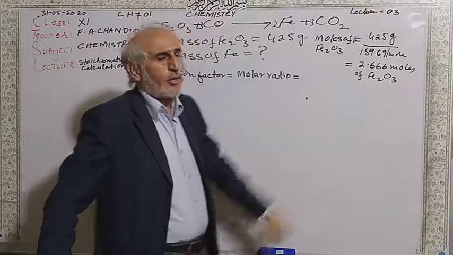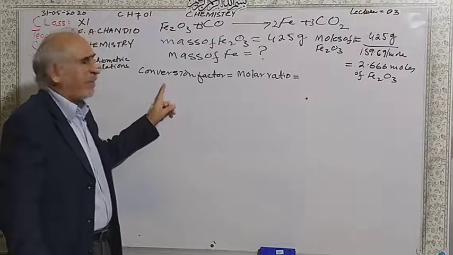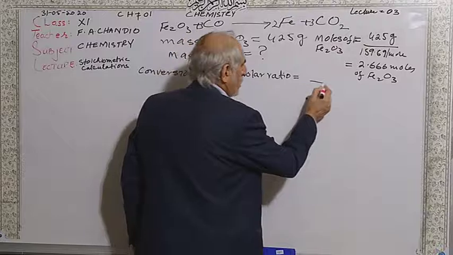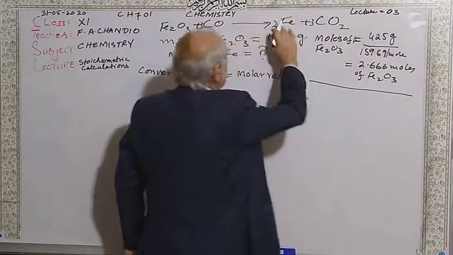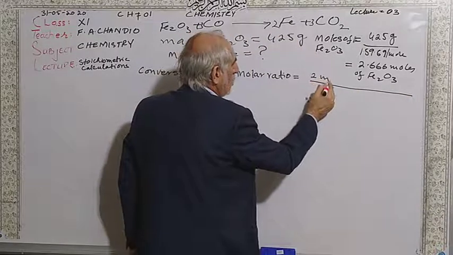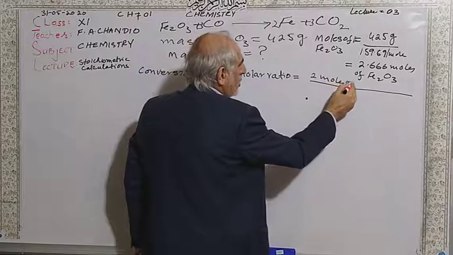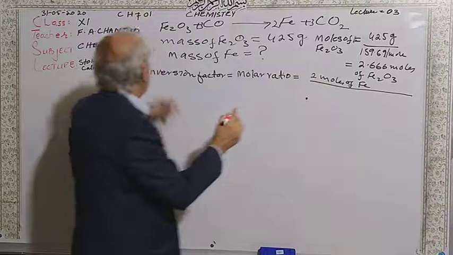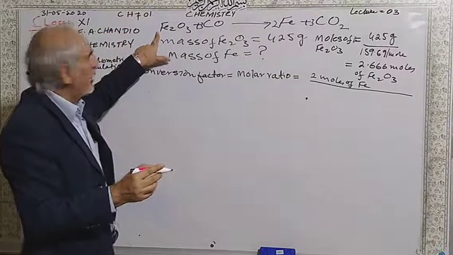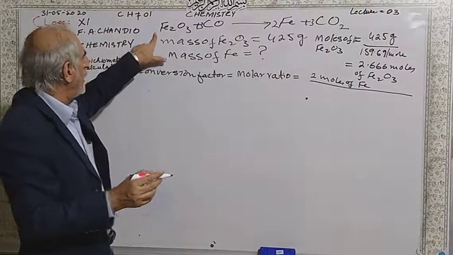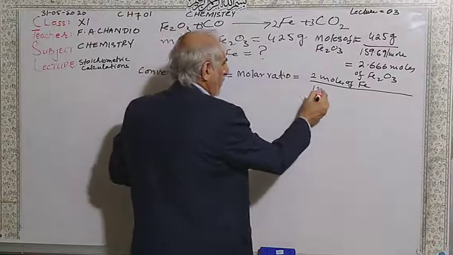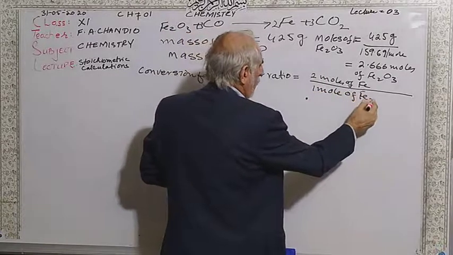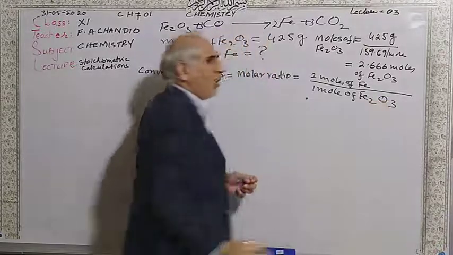So according to the formula of the conversion factor, the molar ratio is equal to moles of iron divided by, according to the balanced chemical equation, the stoichiometric equation, 1 mole of iron oxide.